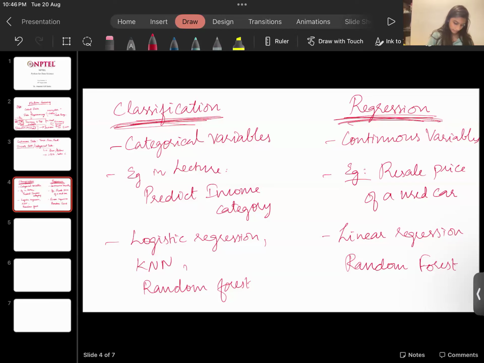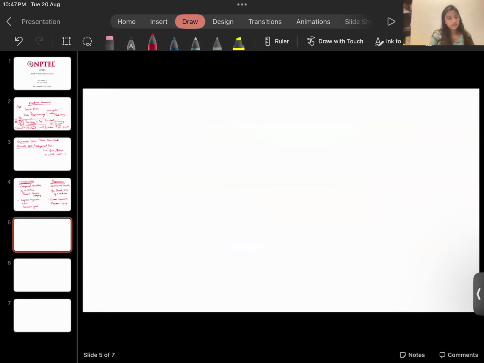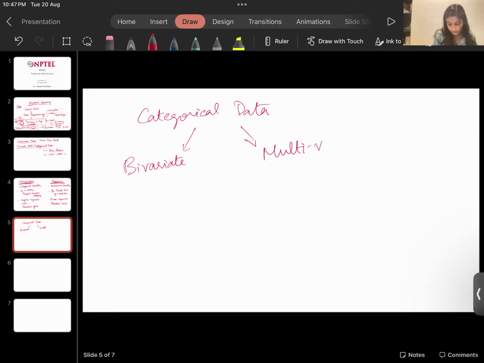Okay, so I just briefed about categorical variables and the predictions that can be made with those. Categorical data can also be bivariate or multivariate.